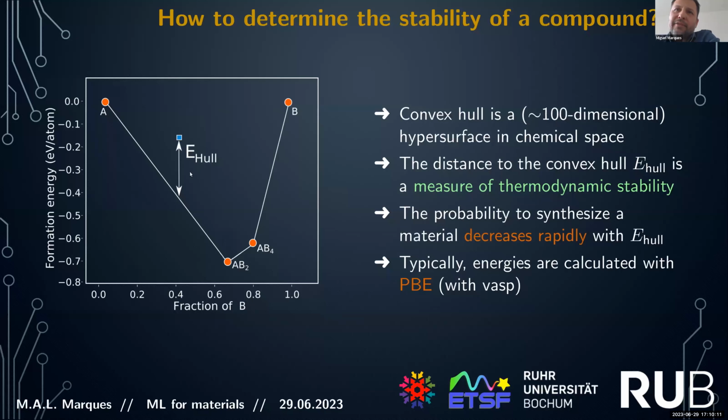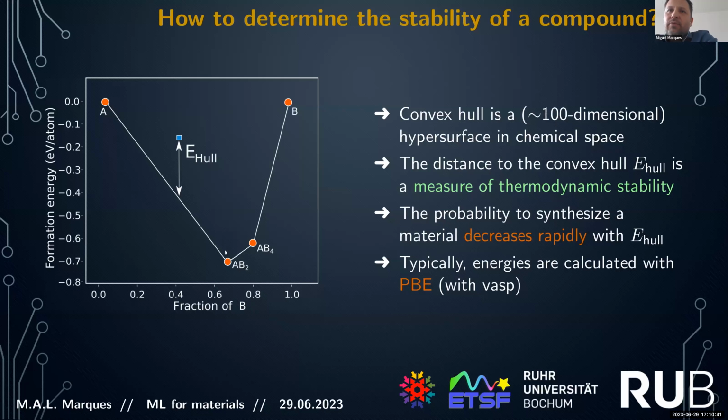What does this mean? Imagine that I have a certain compound that is represented by this blue square, and I calculate its formation energy and plot it in this diagram. If I compare the energy of this fictitious compound with a mixture of A and AB2, we see that the energy is larger than the linear combination of these two compounds.